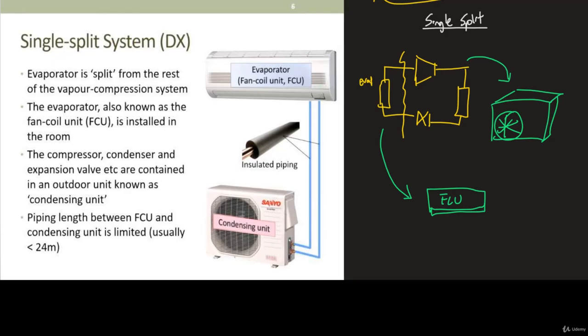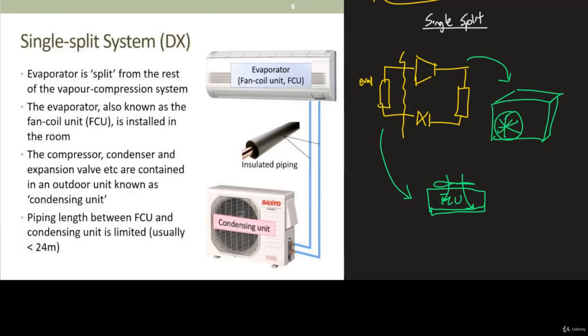A fan coil unit effectively is a fan blowing across the cooling coil. That's why it's called a fan coil unit. When the evaporator is split from the rest of the components, we call it a single split system.